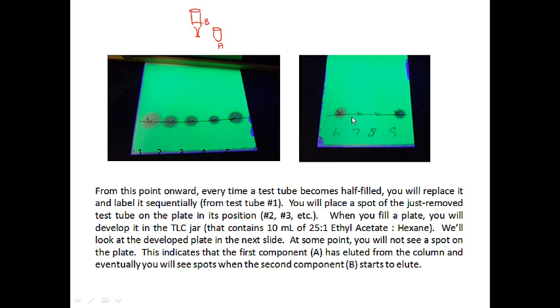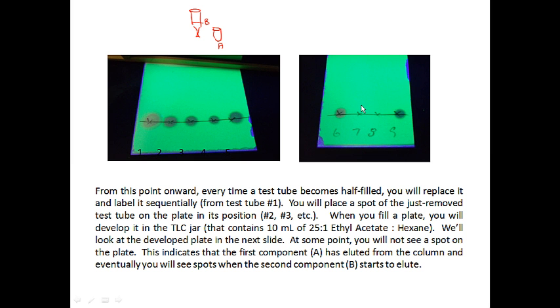So eventually you may see places where there's no components. We've got our first component off the column, and now we're waiting, and now we see the second component coming off the column. So we may see these empty lanes indicating that those test tubes don't have any components in them.